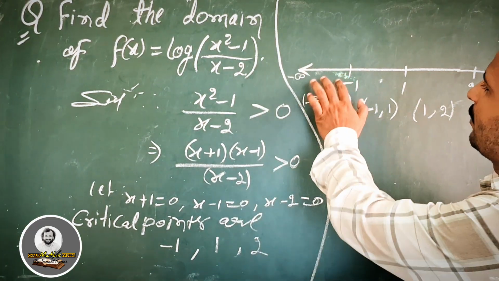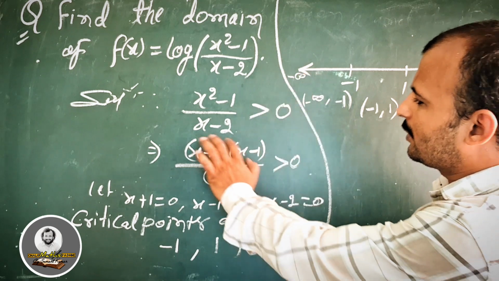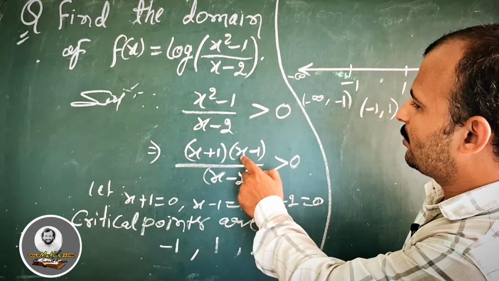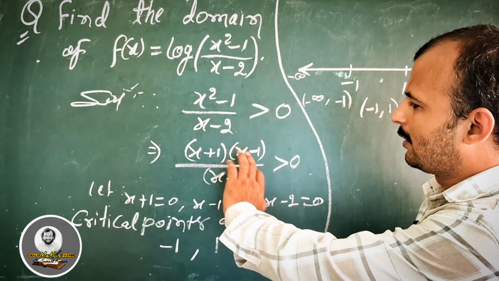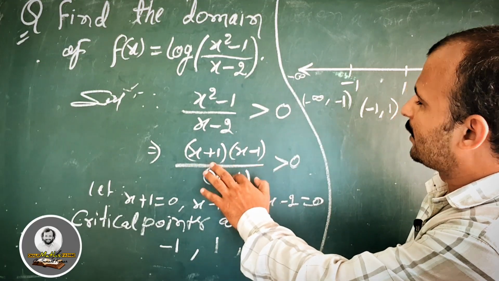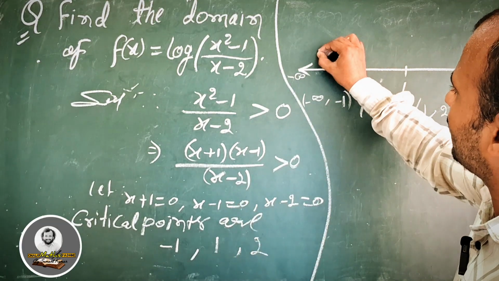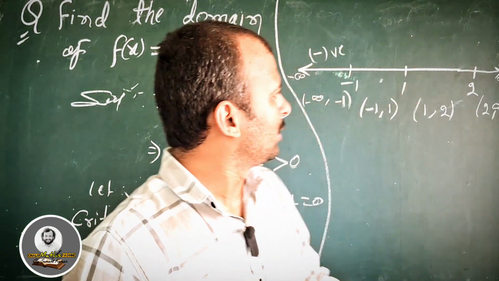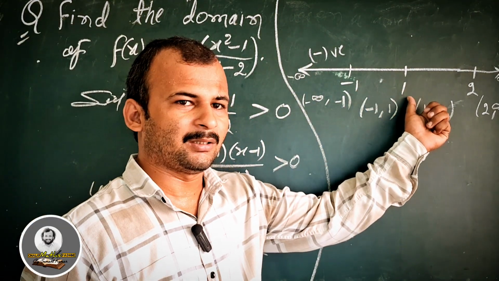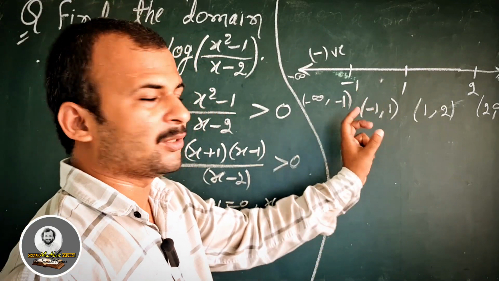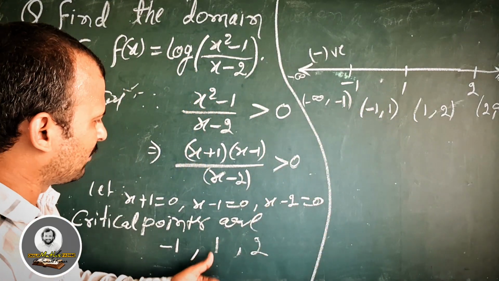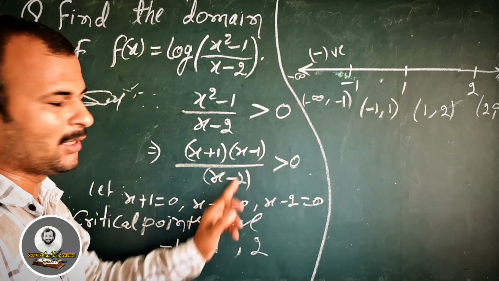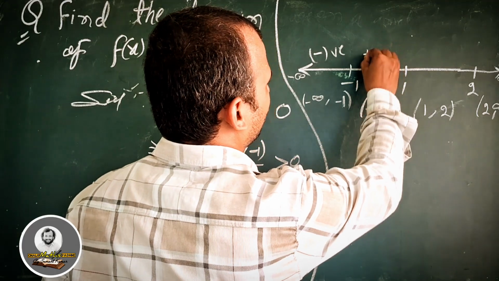Okay, if we put -2 from the first interval in this inequality, the sign of the value is: here negative, and this is also negative, and negative, positive, negative, means it gives a negative value. And if we put the values of x from the next interval, put x = 0, then we get 1 here, -1 here, negative by negative, positive, means here we get positive.